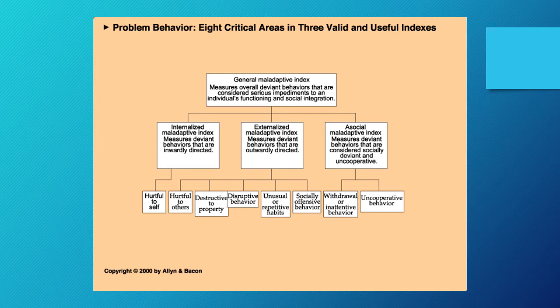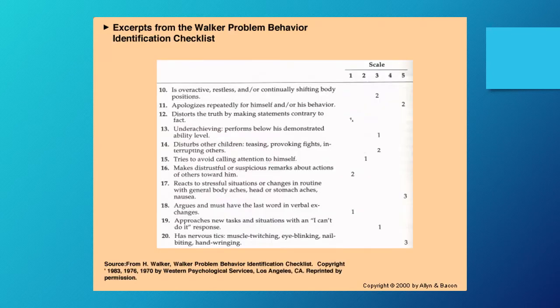The third could be the asocial maladaptive index, which measures deviant behaviors. They may be withdrawal behaviors, inattentive behavior, or uncooperative behavior. So we may carry out such an assessment or evaluation to assess whether the problem behavior is there or not. This is just an example of a problem behavior identification checklist.